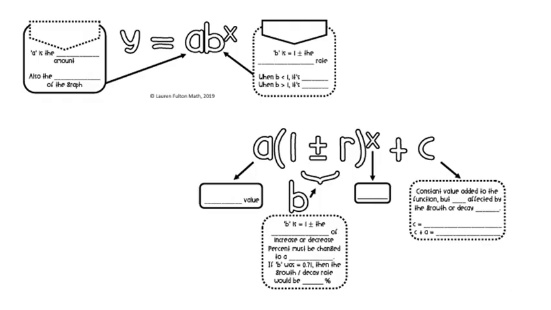Now, constant value added to the function. This constant value is what we're talking about, C. Constant values can be added to the function, but they're not affected by the growth or decay rate. C is a constant, it doesn't change, doesn't vary.